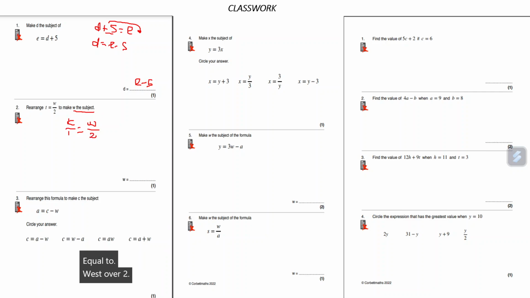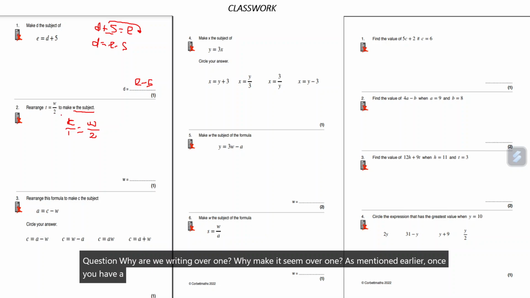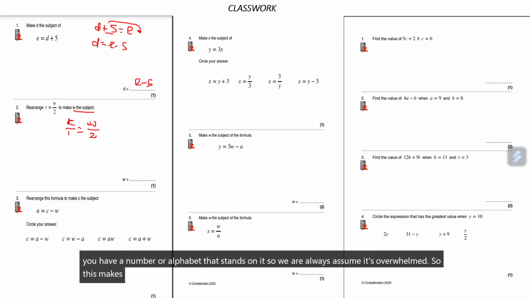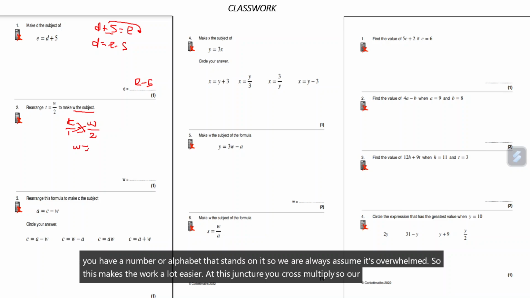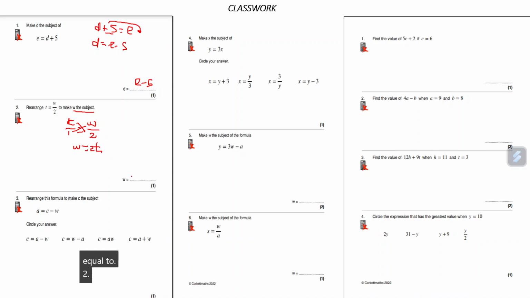Why are we writing over 1? As mentioned earlier, once you have a number or alphabet that stands on its own, we always assume it's over 1. So this makes the work a lot easier. At this juncture, you cross multiply. So W is equal to 2T.